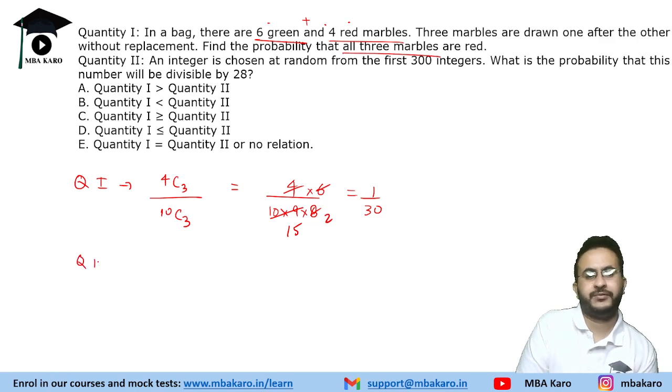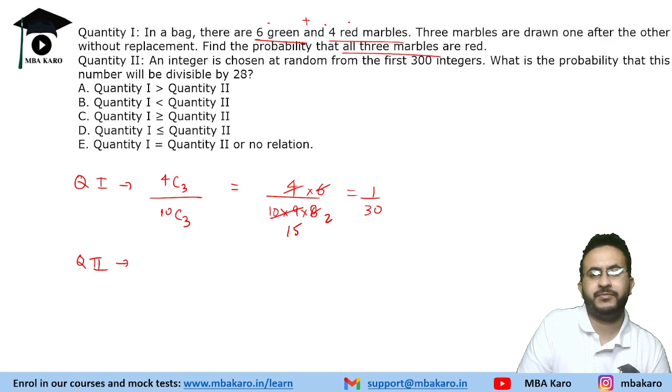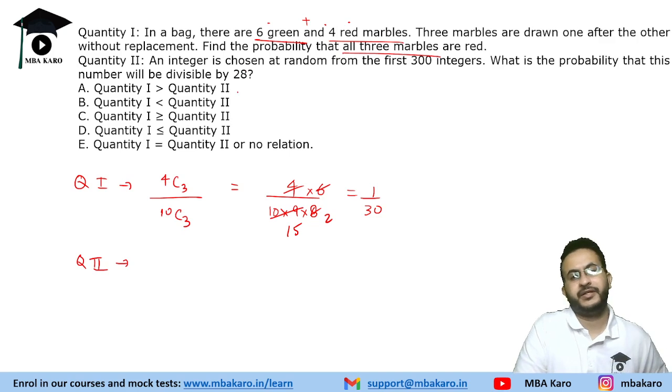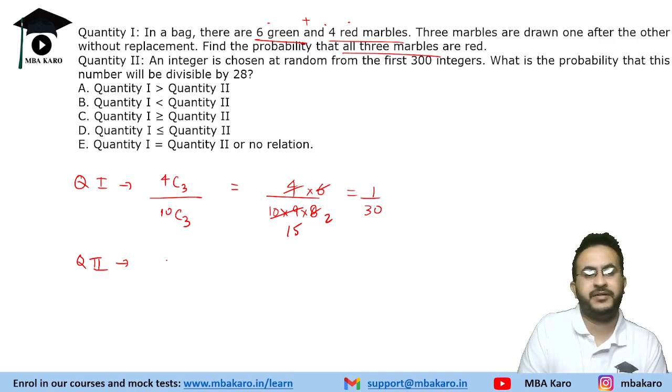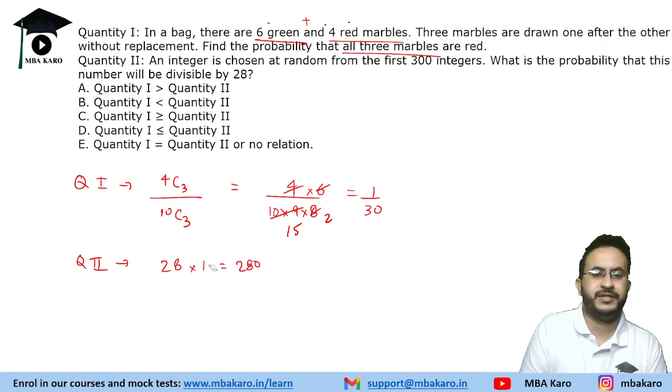Quantity 2 we will calculate. An integer is chosen at random from the first 300 integers. What is the probability that this number will be divisible by 28? So how many numbers are divisible by 28? 28 into 10 is 280. 28 into 11 is 308, it will cross 300.